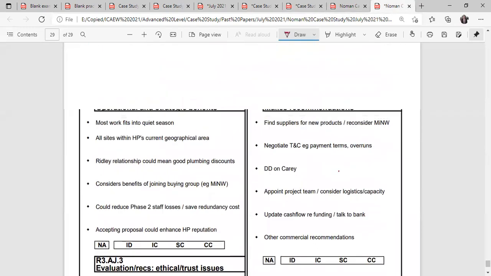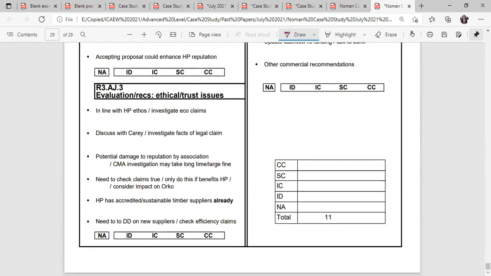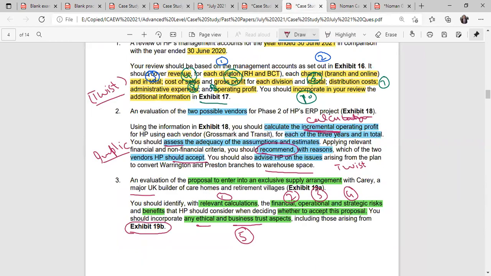If I just go through, then SPS box 3 and AG box 3. So out of 11, these 2 boxes are for ethics. Sometimes we have 1 box, sometimes we have 2 boxes. So at least 10% of marks are for your ethics side.